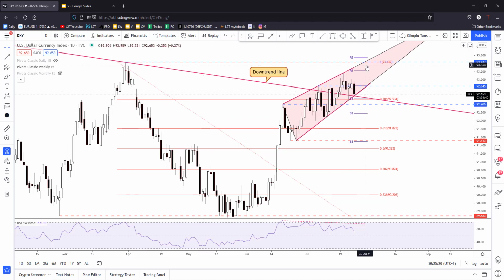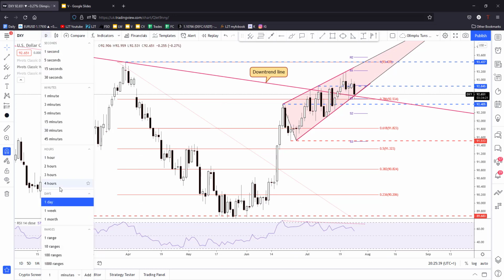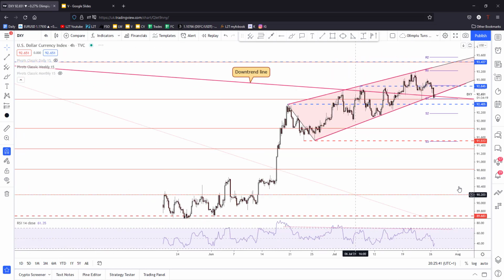A potential growth from here, from this support zone, a potential upside momentum, could signal that the dollar will appreciate versus its rivals, and a valid breakdown here for the drop could signal US dollar depreciation. Let's take a look here on the 4-hour.